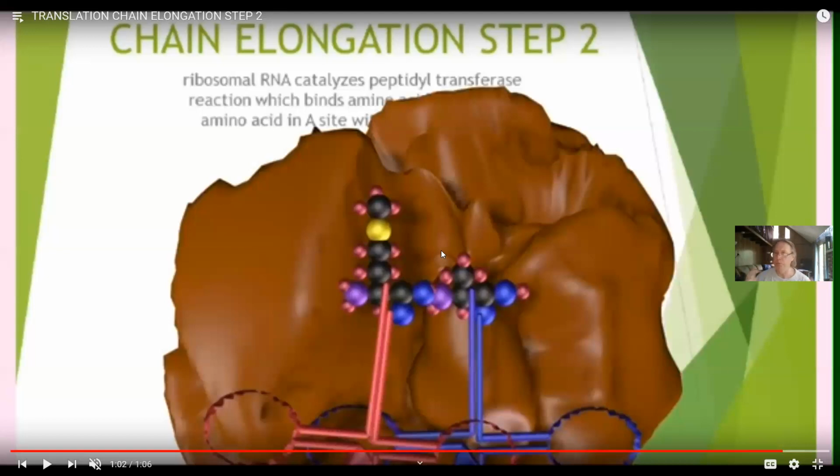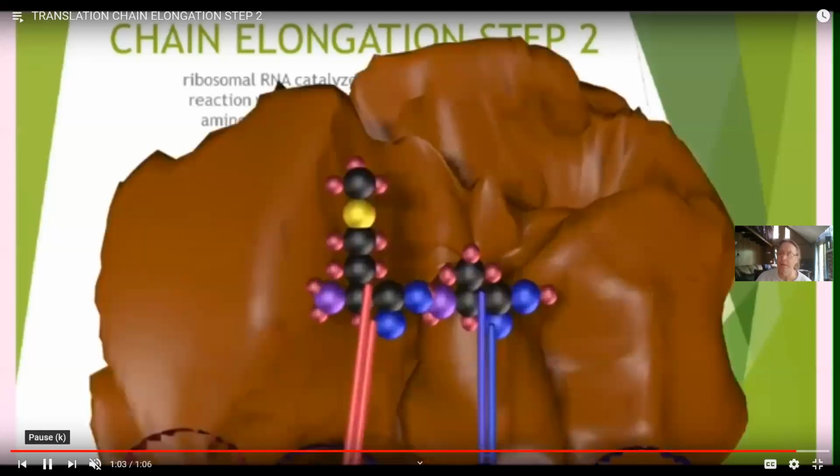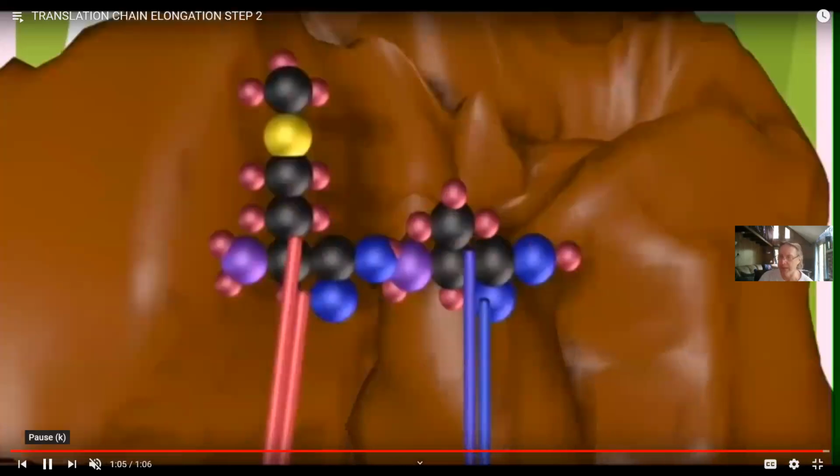Remember how many little proteins there are? When I was in school, it was just assumed that one of the proteins is doing this step. The proteins are holding the RNA together, and it's the RNA which does this step. So the ribosomal RNA acts as a ribozyme, forming the peptide bond between the amino acids in the A site and the P site.